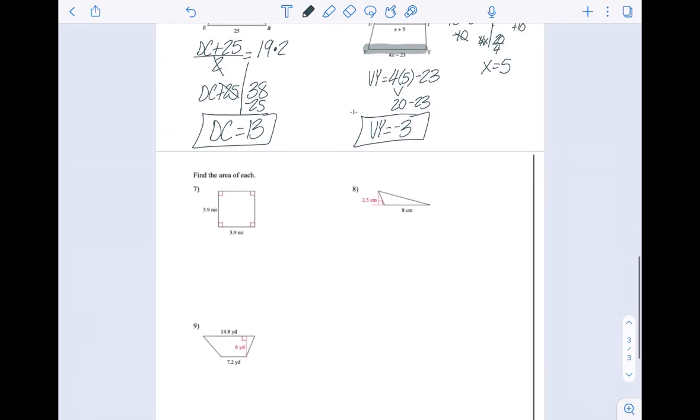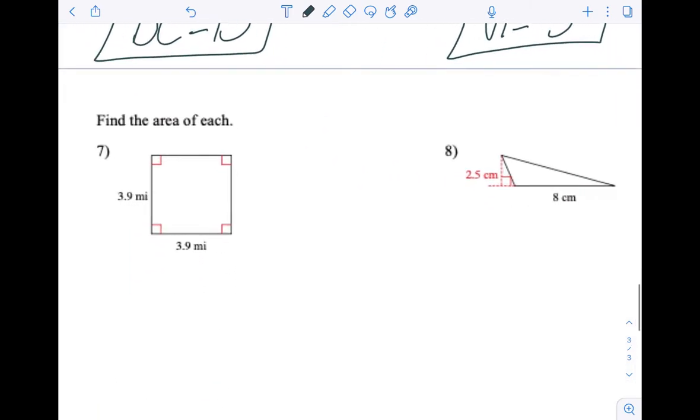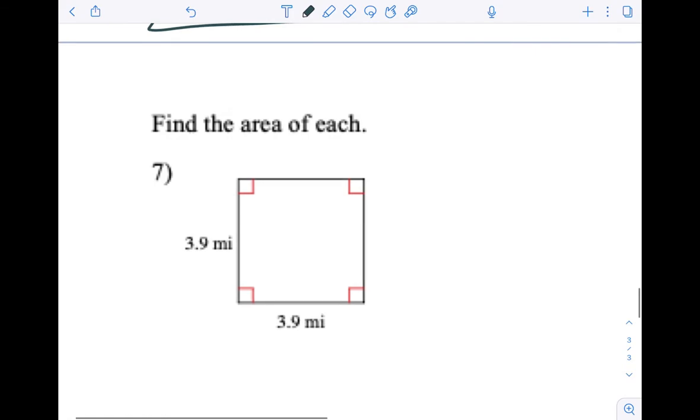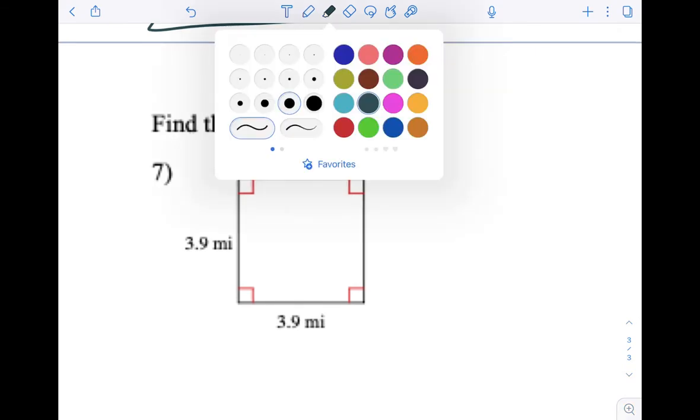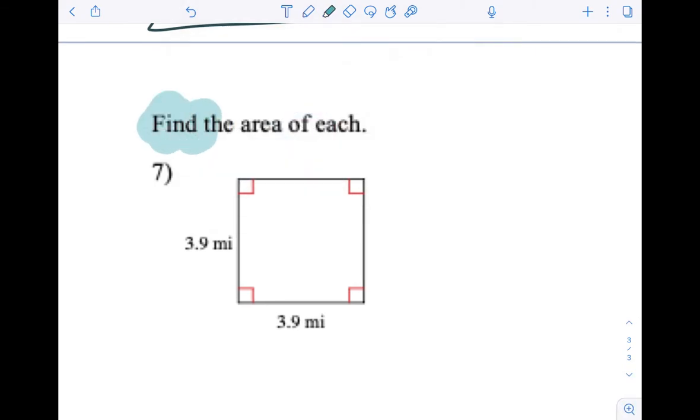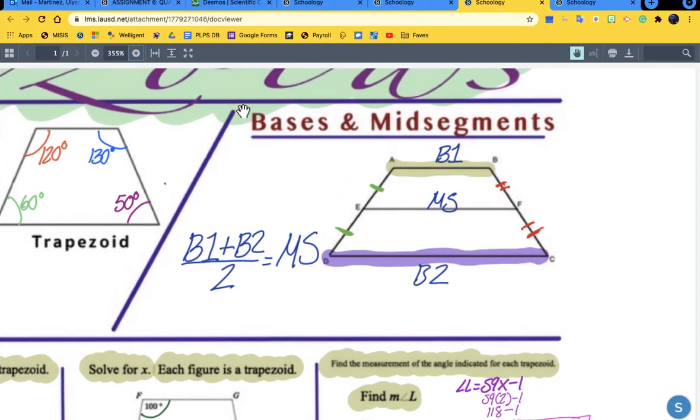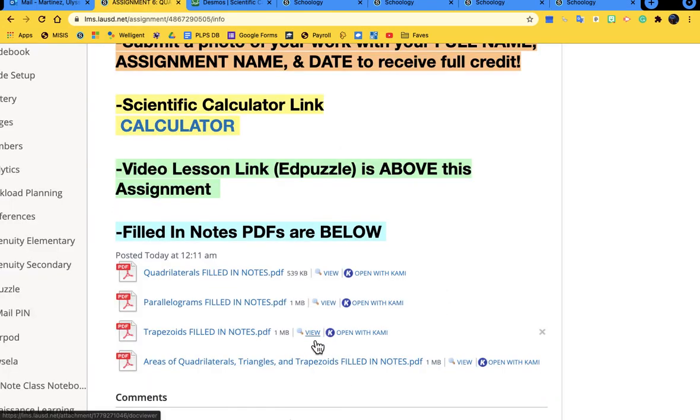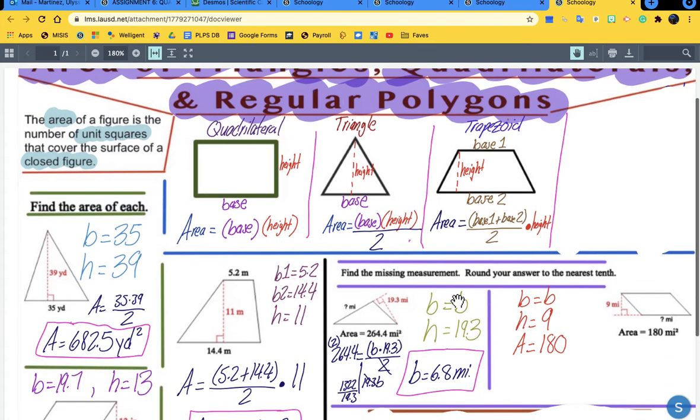So let's move on here to the next set of instructions, which say find the area of each. We're dealing with area now. So once again, the area notes are right here, and I already opened them right there.